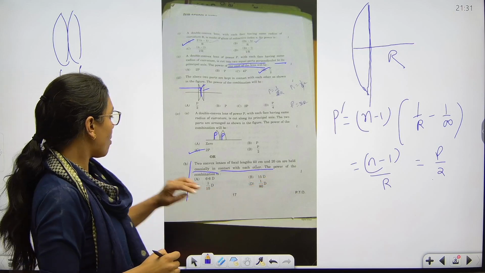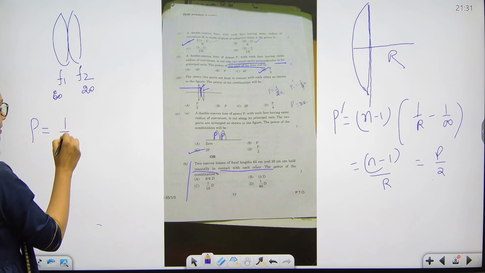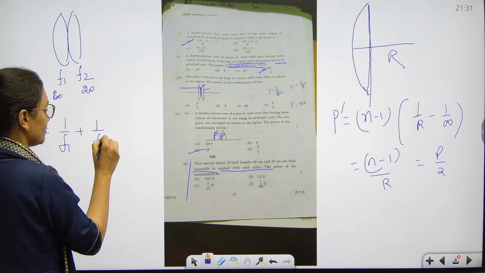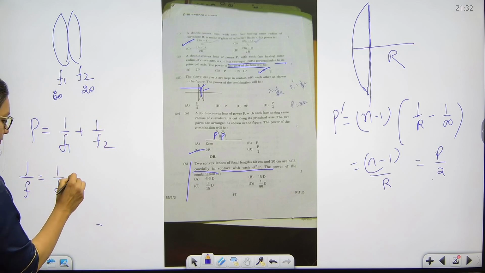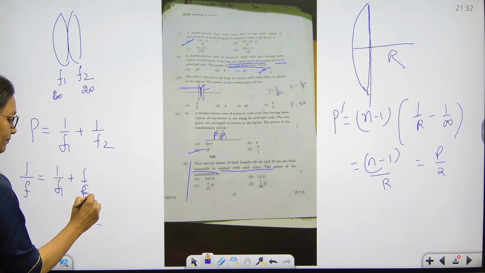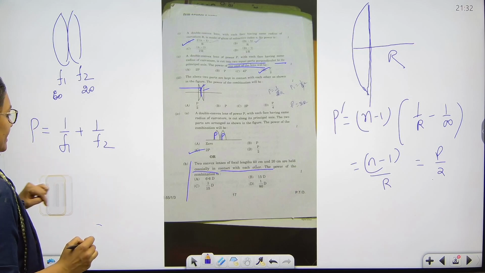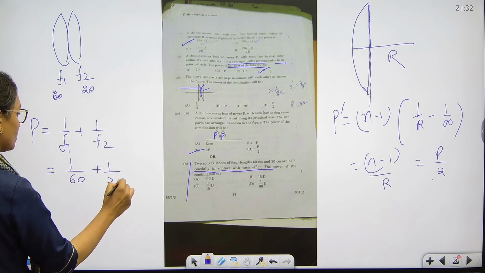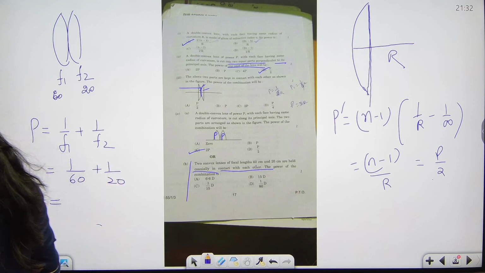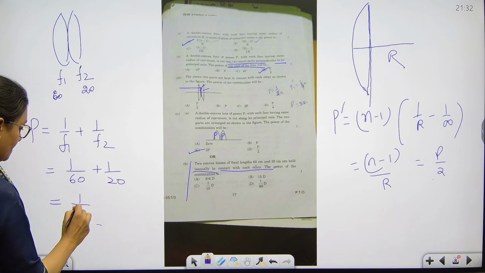The power of the combination is 1 upon f1 plus 1 upon f2, because we know that 1 upon total focal length is 1 upon f1 plus 1 upon f2. Now this 1 upon f can be written as power. So I just placed the formula directly: 1 upon 60 plus 1 upon 20. Okay, just solve it and get the answer. The final answer will be 1 upon 15 D.